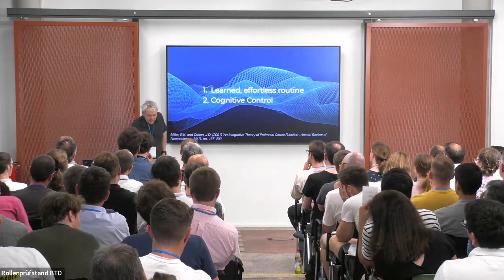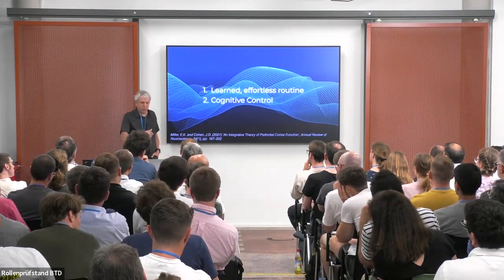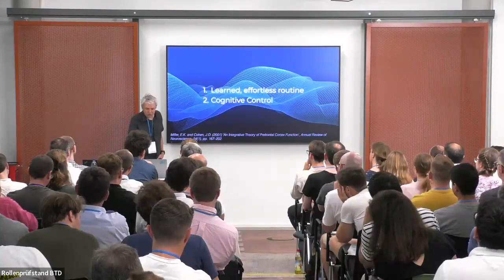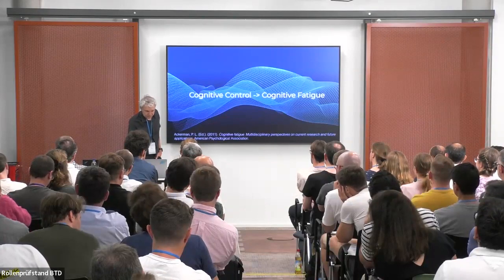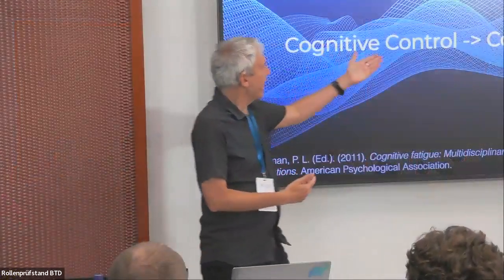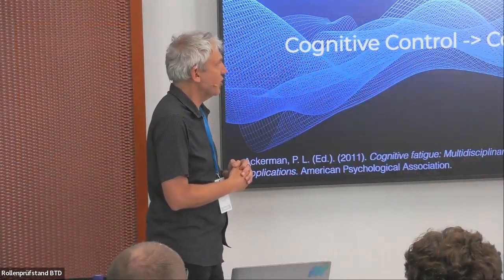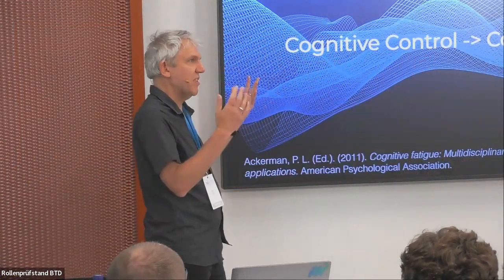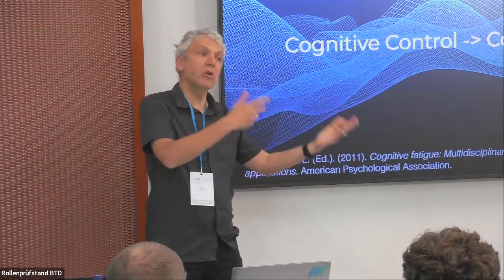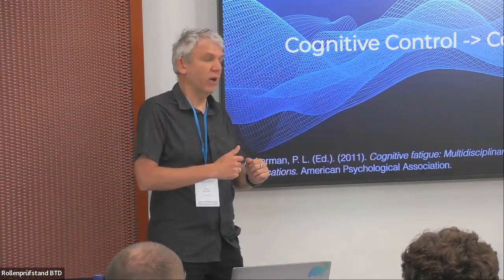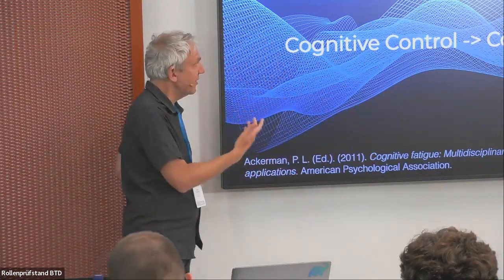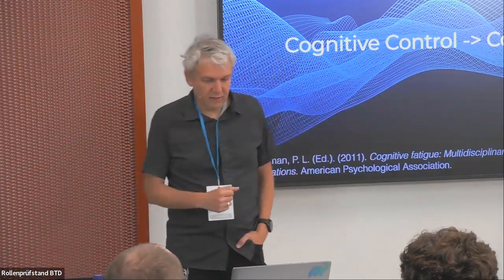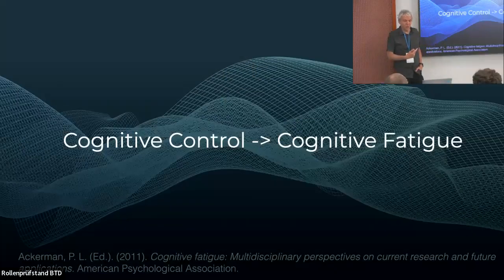When you do studies with chess players, cognitive fatigue sets in at a certain point. After several hours, they will start making mistakes they wouldn't have made at the beginning, when they were still fresh.